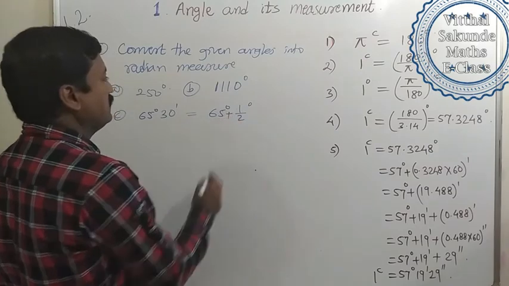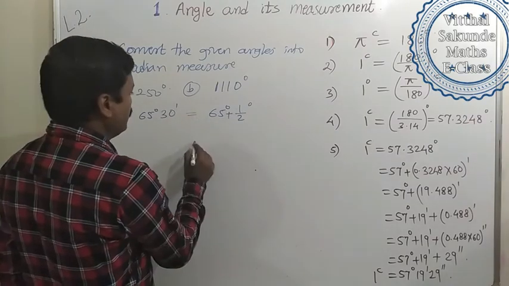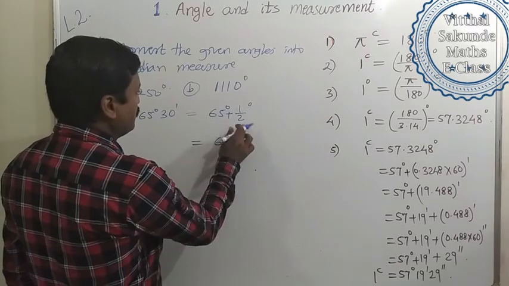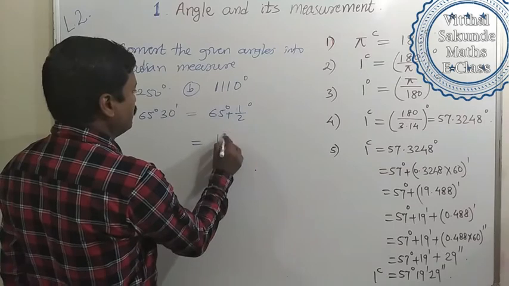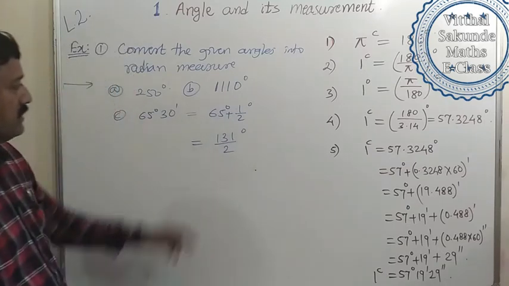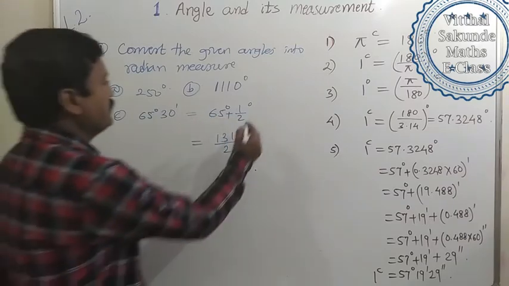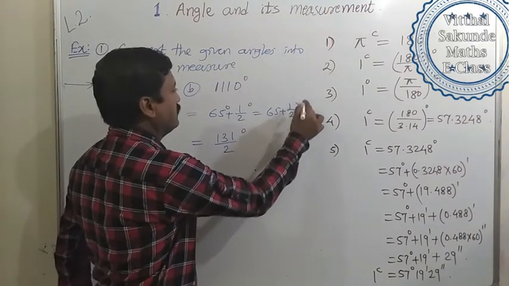So 65 degree plus half degree. This 30 minute is nothing but half degree. So it is equal to 65 into 2, that is 131. So it will become 131 upon 2 degree. Is it okay? By taking addition, this is equal to 65 plus half degree.